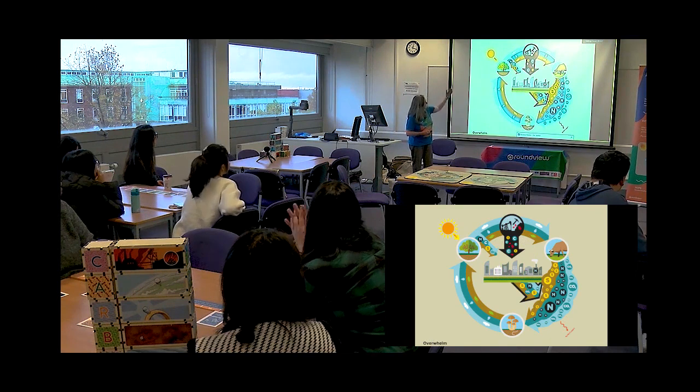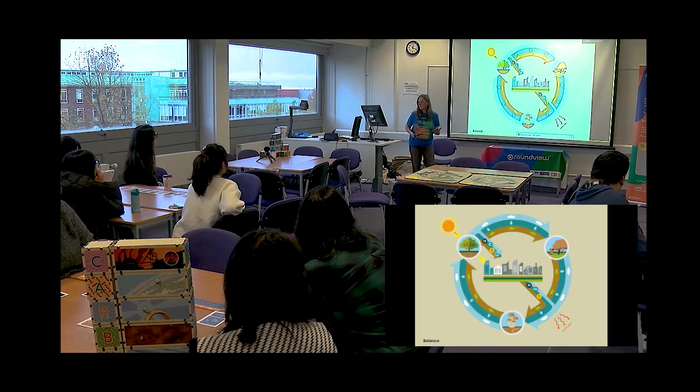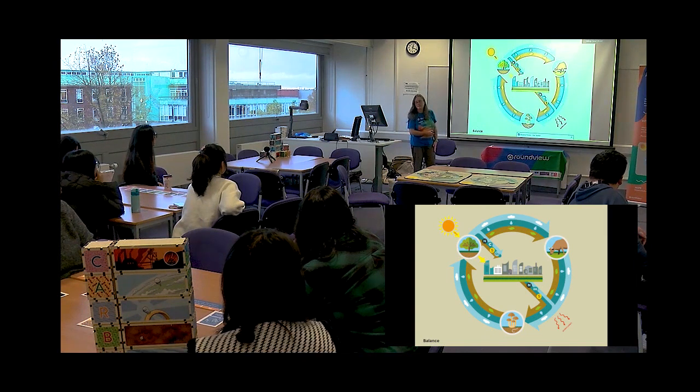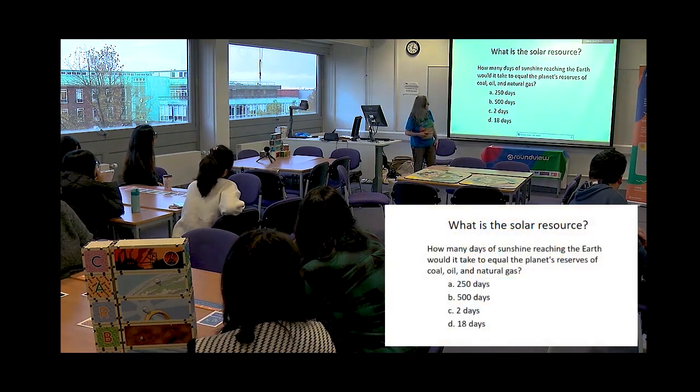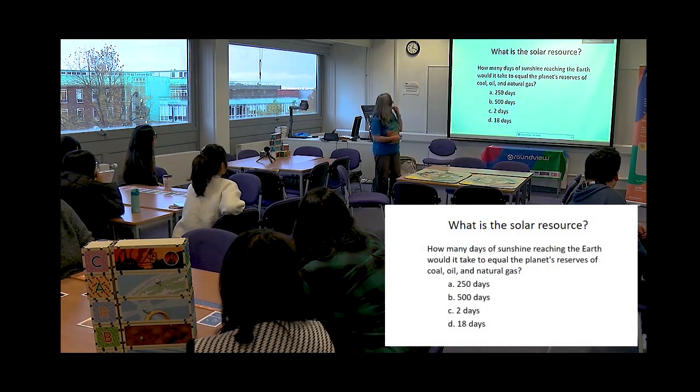And then what if instead of overwhelming, too much too fast, we were to balance our flows, which basically means living off sunlight. And if that feels like it might be impossible, I can give you a little bit of hope here. Does anybody have any ideas?